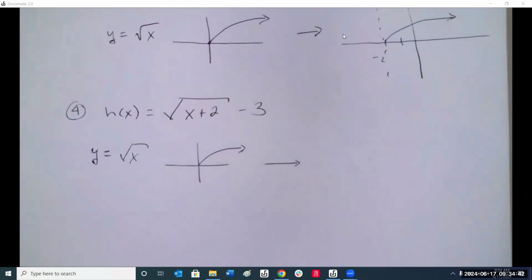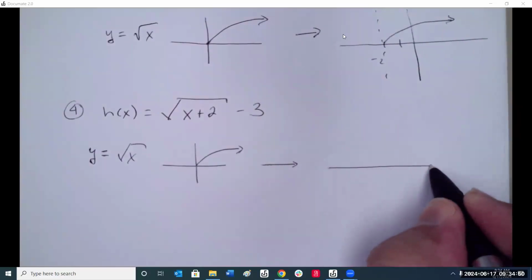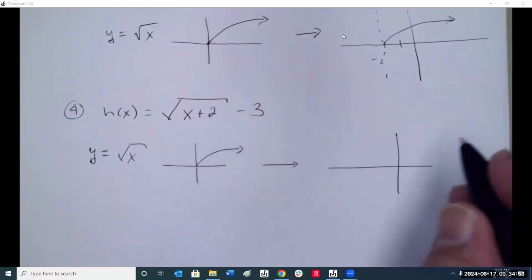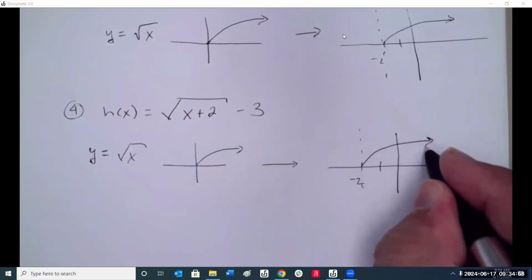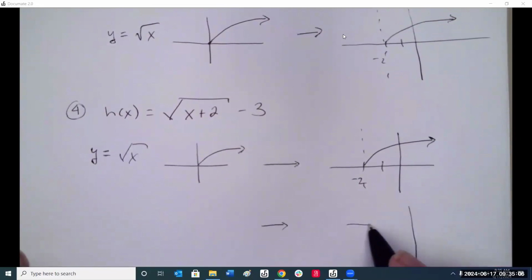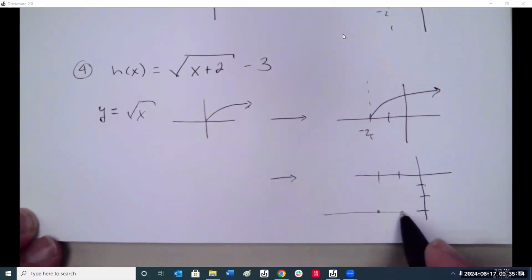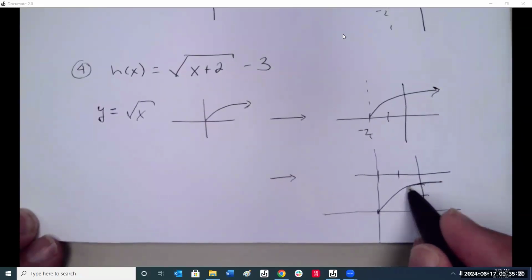Is there a horizontal shift? Which direction, how many spaces? Left 2, because it's positive, so let's go to 2, negative 2. There's my new origin, and there's the graph. Then what? Very good. Then you go down 3. So there's my new origin at negative 2, negative 3. And the graph looks the same.